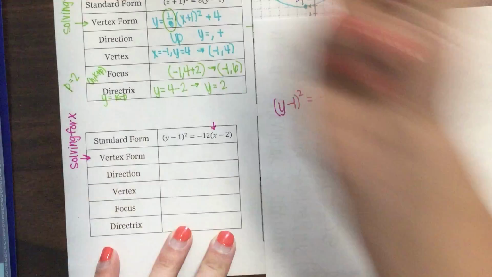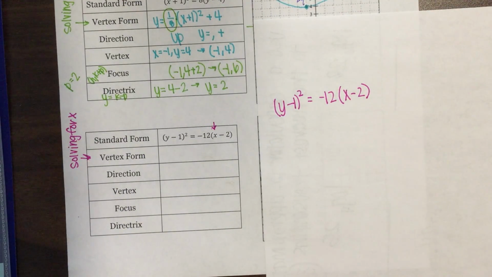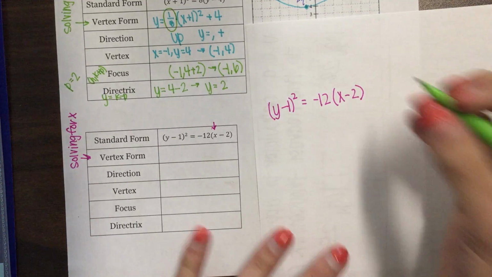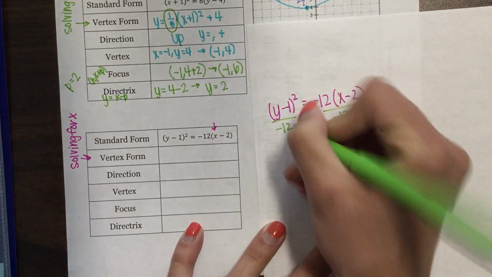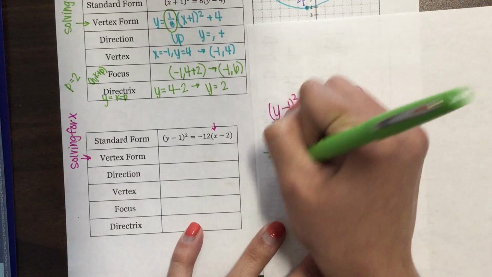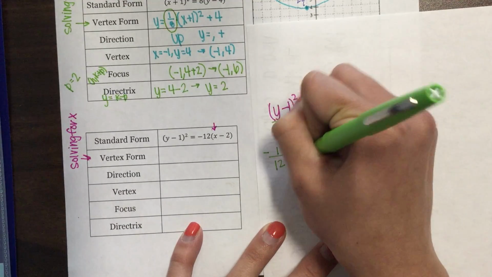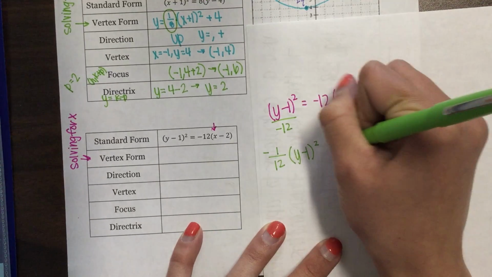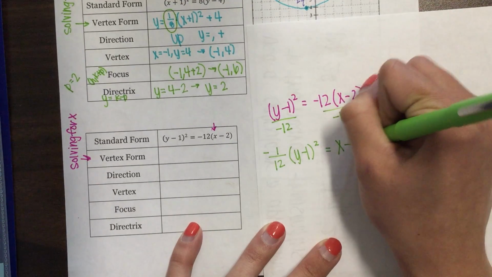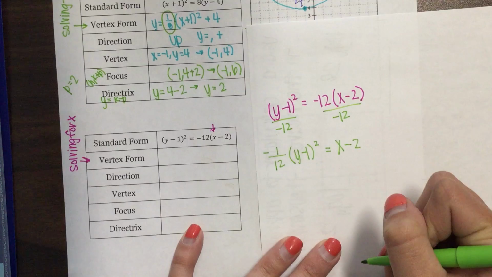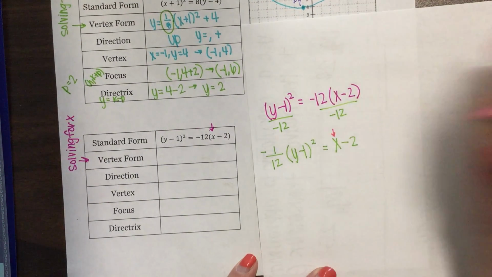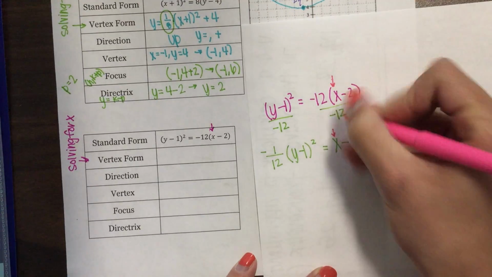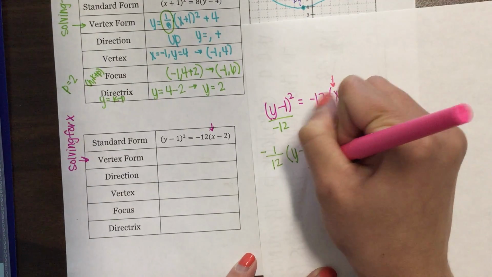First, to solve for x, I'm going to divide by the -12. So I'm going to divide both sides by -12. So that is -1 over 12, y minus 1 squared equals x minus 2. Then my last step to get that x by itself is to add 2.